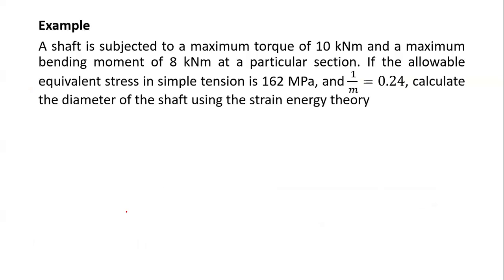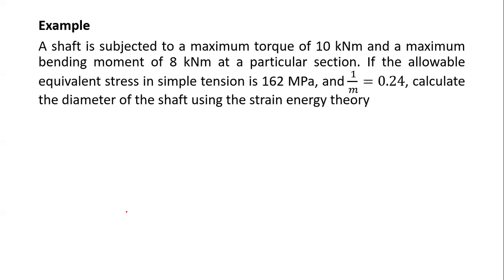Let's look at an example. Here we have a shaft subjected to a maximum torque of 10 kilonewton meters and a bending moment of 8 kilonewton meters at a particular section. Let me just read it in full.